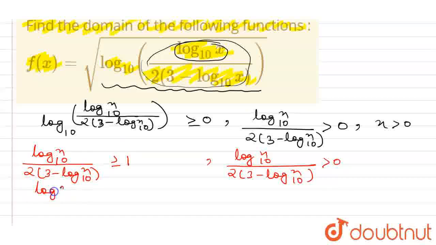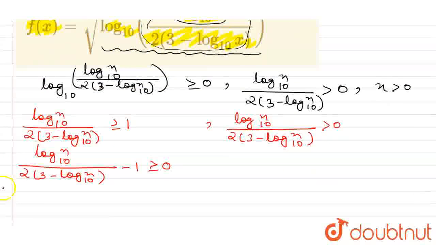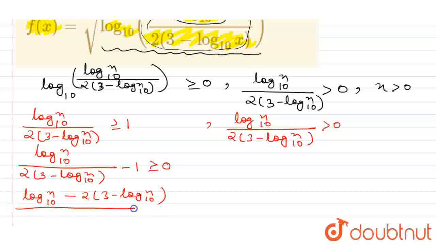So it is log x to the base 10 upon 2 into (3 minus log x to the base 10), minus 1, should be greater than or equal to 0. So here I can write log x to the base 10 minus 2 into (3 minus log x to the base 10) upon 2 into (3 minus log x to the base 10) should be greater than or equal to 0.